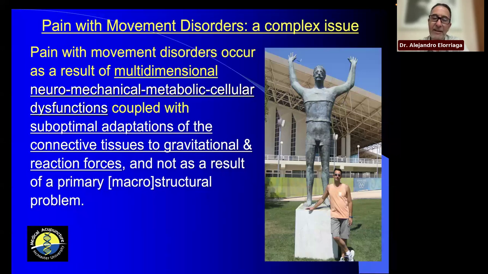I reject that idea, and I can challenge that idea with data. Most pain problems are not the result of primary macrostructural problems. That's why MRIs, X-rays, etc., are pretty useless for the most part to identify them, even when they find something, because many times they find something, that something is addressed, and the pain problem doesn't disappear.